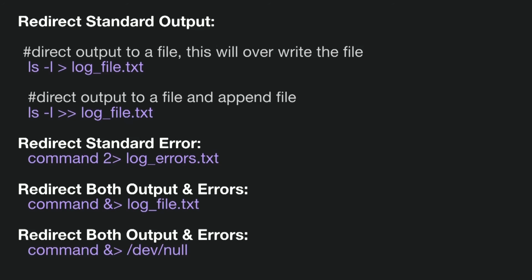If you wanted to do both, ampersand, angled bracket. And you'll see this one quite a bit on the bottom here where we're redirecting both output and errors to dev null, which is just a black hole, right? Whatever you send there, it just goes away. Sometimes if you have a noisy script, you have to redirect your command to dev null.